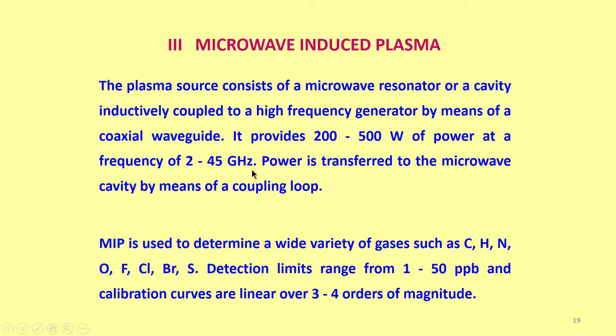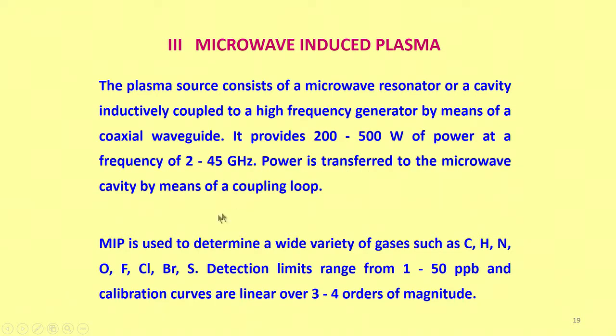You know the optical fibers, they are known as coaxial waveguide. So, microwave induced plasma also provides fairly good temperature, but it uses 200 to 500 watt of power at a frequency of 2 to 45 gigahertz.